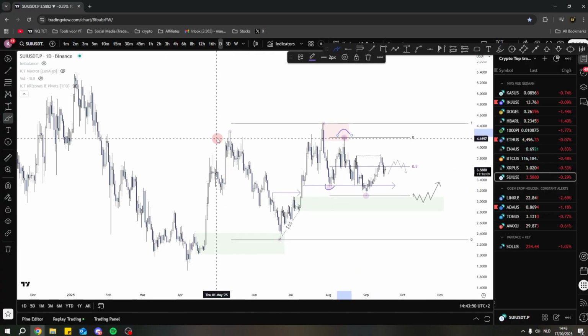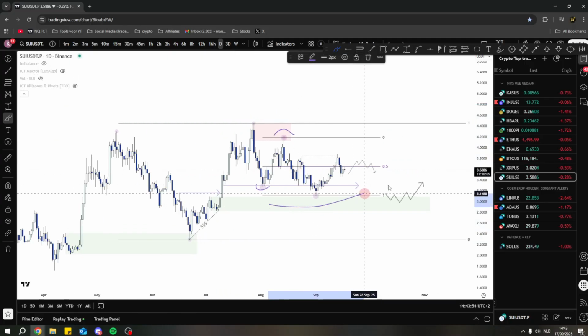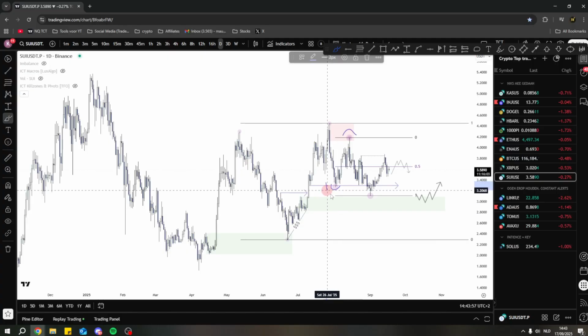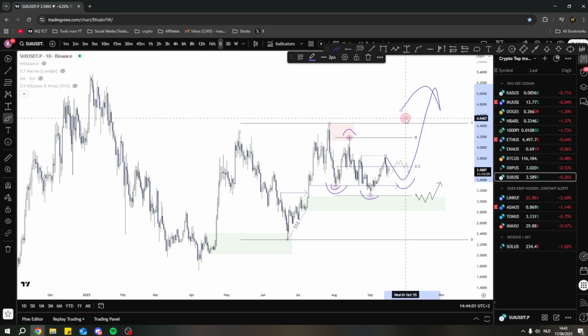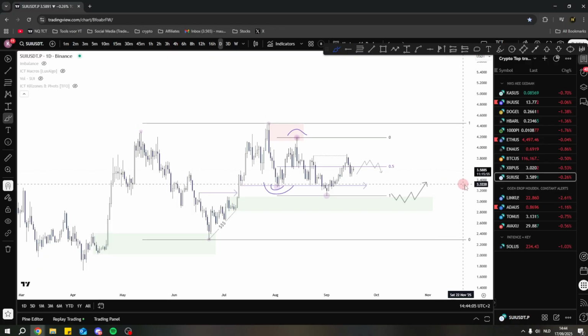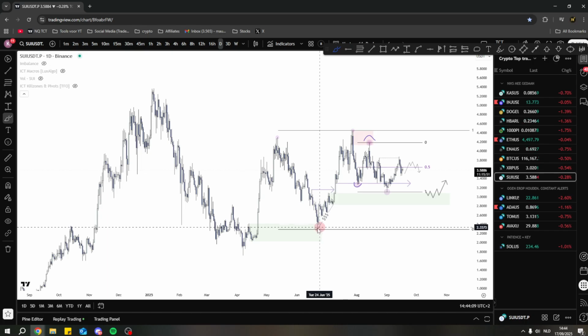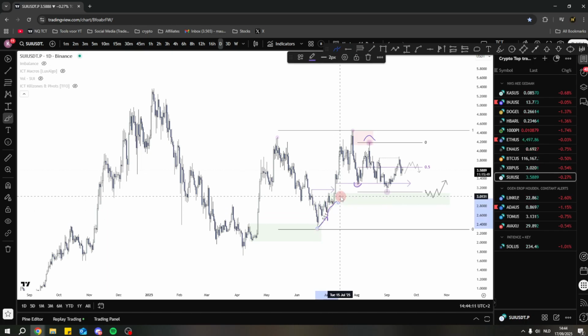So with this high time frame range being in a distribution, we can also create an internal range and maybe accumulate from there and overpower the distribution anyways. Because do we have to come all the way back here towards this build liquidity?